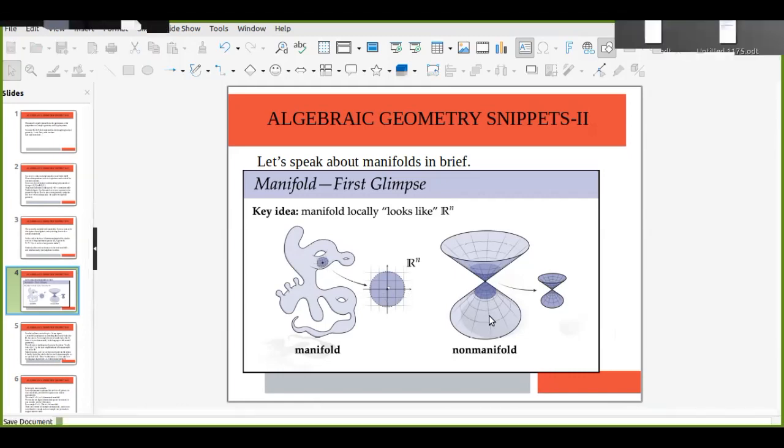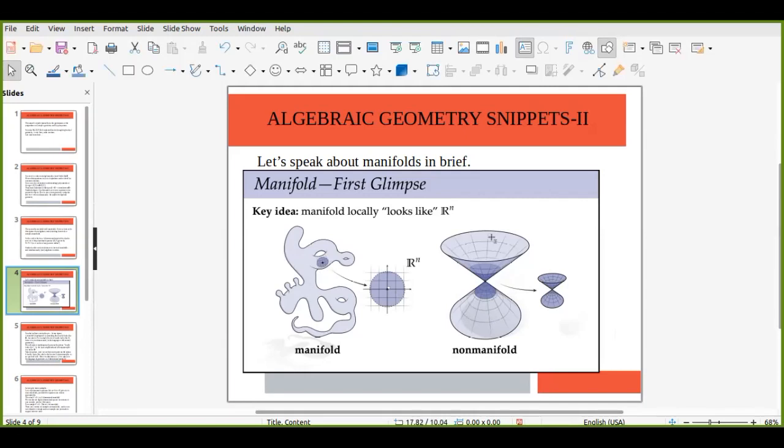Similarly, I want to say what is not a manifold. See here, this hyperboloid kind of thing, at this center point no neighborhood can be seen as homeomorphic to any neighborhood of R^n for any n. And therefore, this is not a manifold.